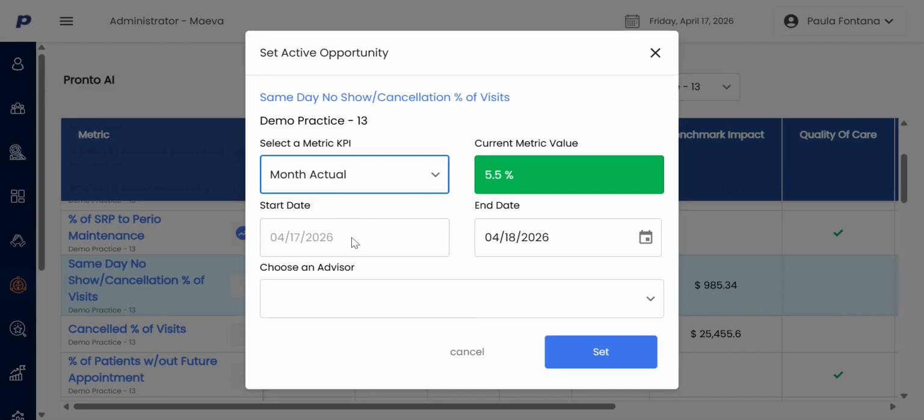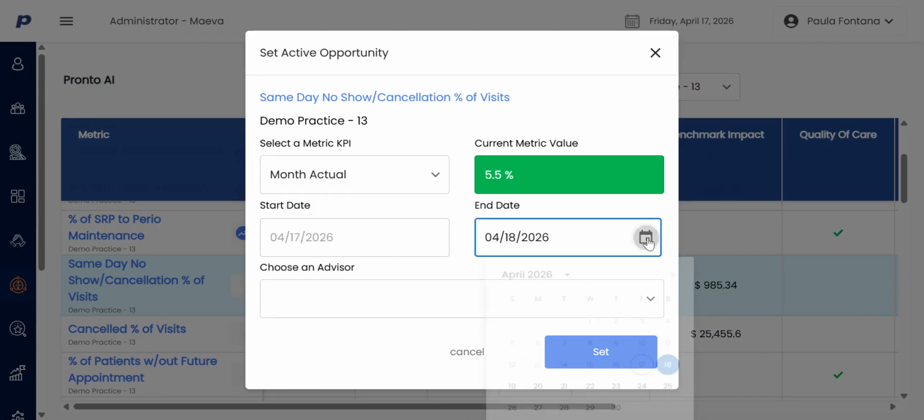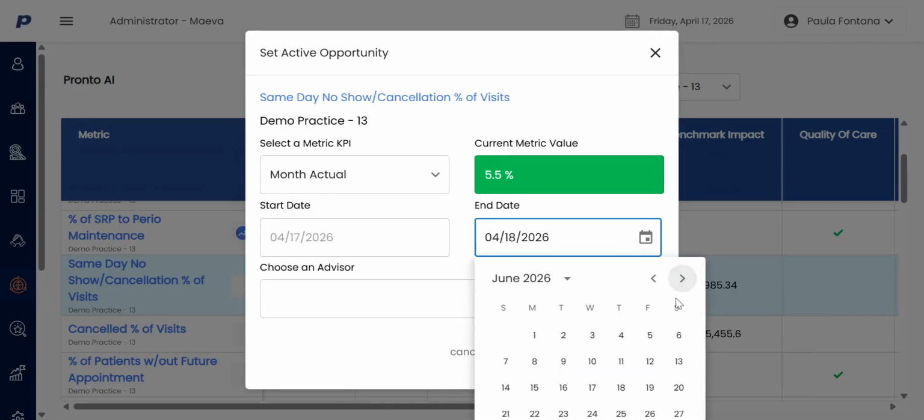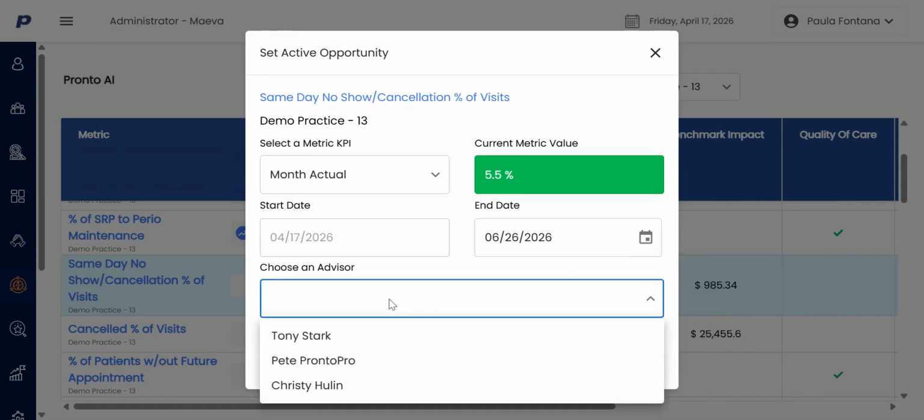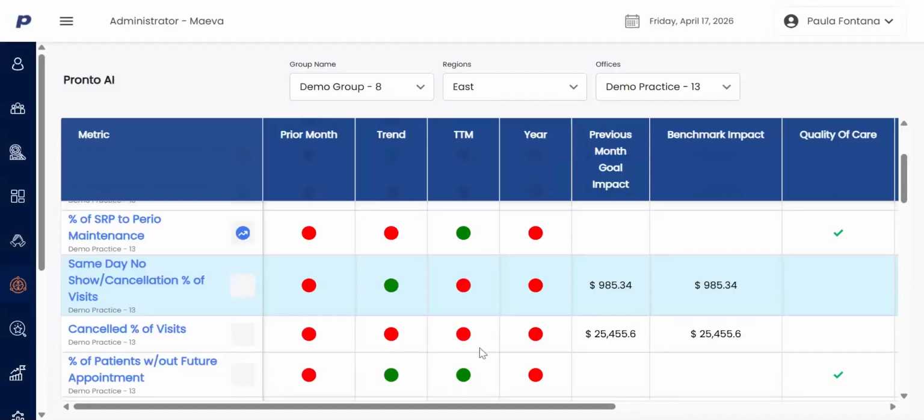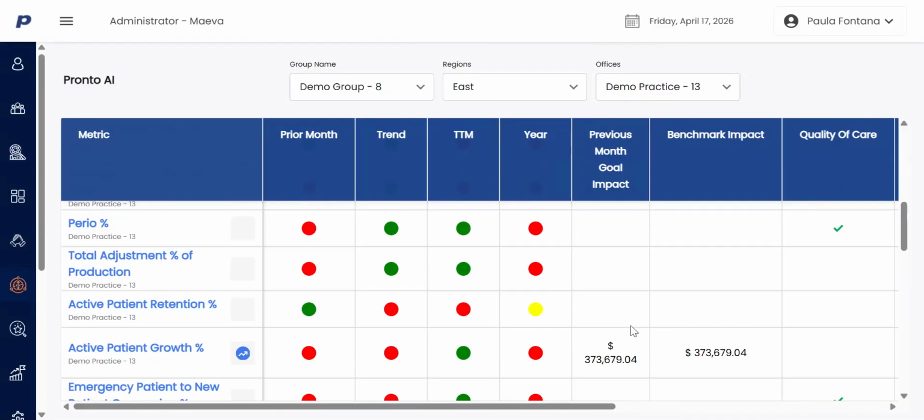And we'll start that in the beginning of the quarter, and we would update the default to be the end of the quarter, which we would choose here, and then we would pick the advisor who would be working with you on this particular set of performance criteria.